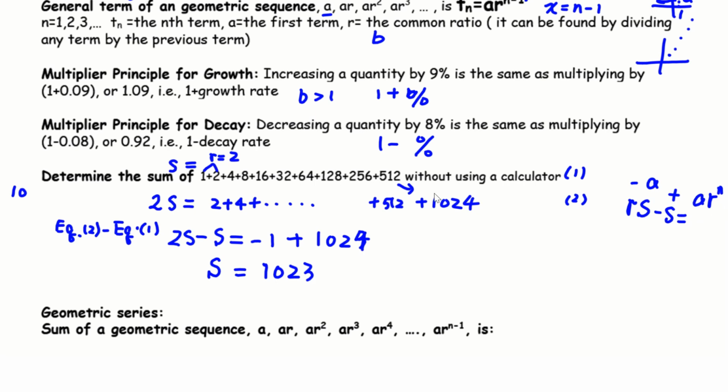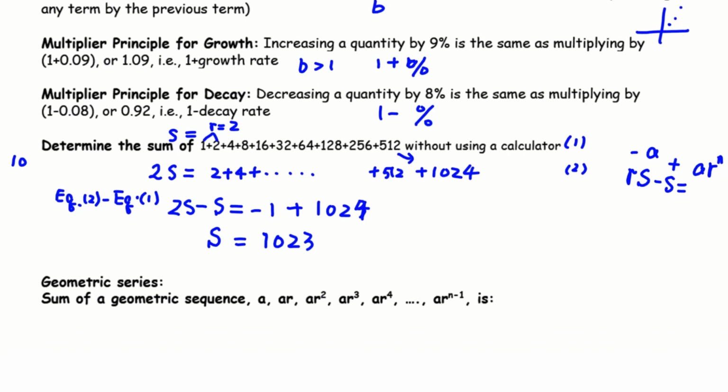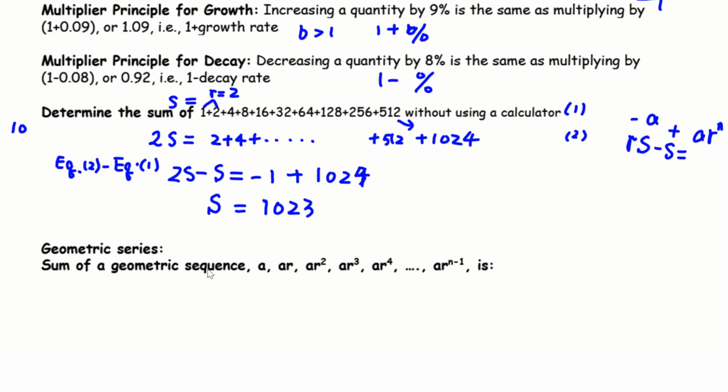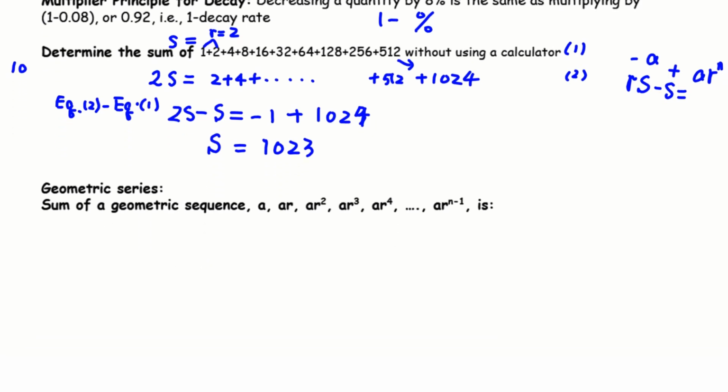By using this pattern, we are able to find S. That is how we find the sum, and the sum of a geometric sequence we call a geometric series.